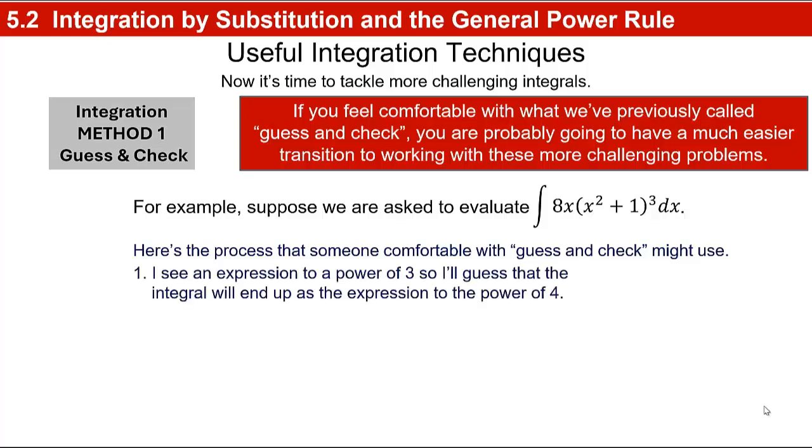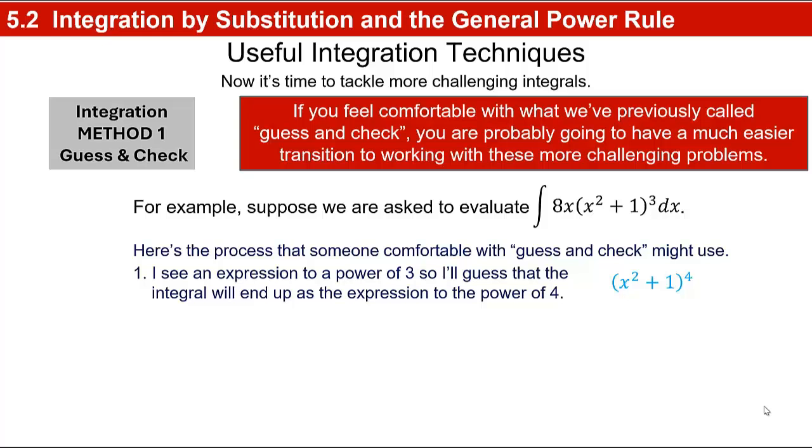First of all, I would say, look, I see something raised to the third power in that integrand, and I realize from past experience with antiderivatives that when I'm taking something to a power, if the derivative lowers the power by 1, an antiderivative or an integral will increase the power by 1. So I'm going to take this educated guess that the integral here will have the expression x squared plus 1 raised to the fourth power instead of the third power because it goes up by 1.